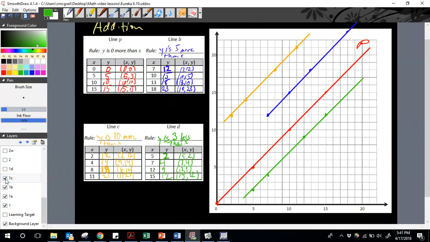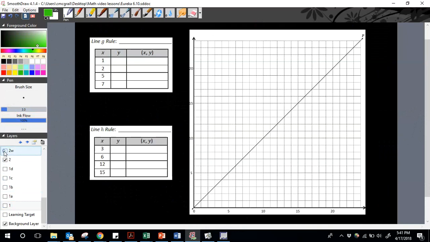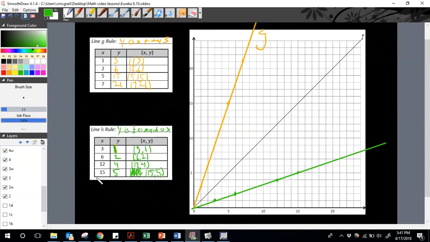But what I'm noticing with multiplication lines is that they all pass through the origin, and instead of shifting up and down, they're still straight lines, but they just change the angle that they're going up. So the y equals x line goes straight up to the other corner. If it's multiplying, it gets steep. And if it's multiplying by a fraction, it gets less steep.